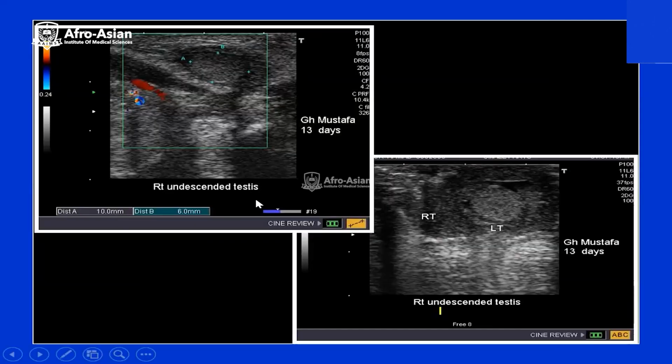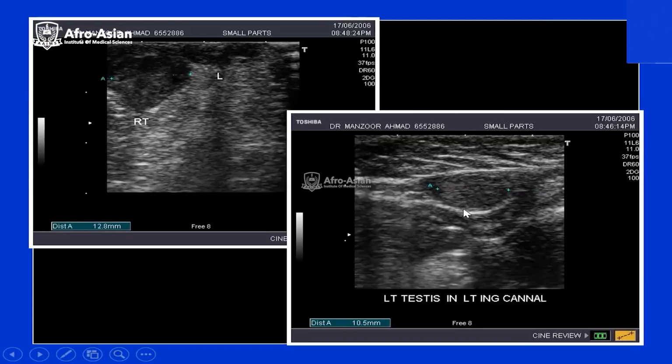Here is a 13 days old child, the right undescended testicle. This is the left testicle, and the right is undescended, is not visible in the scrotum, whereas it is lying above near to the pubis.